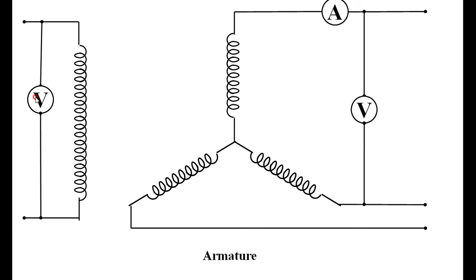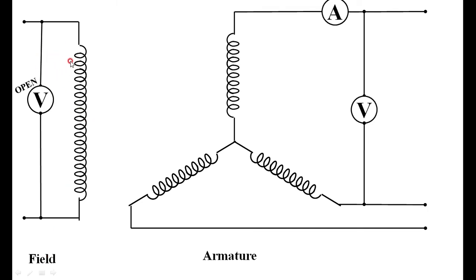Across the field winding we connect a voltmeter, but the field winding is kept open. You are not exciting the field winding. So there is an armature connected through an ammeter, and across the supply there is a voltmeter V, and the field winding is kept open with a voltmeter across it.